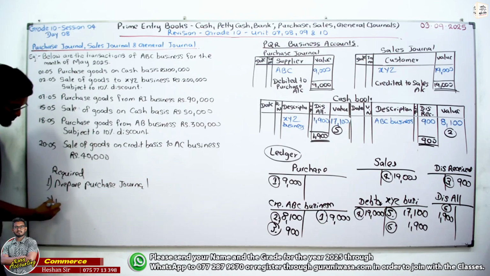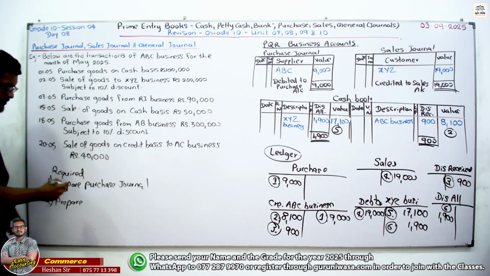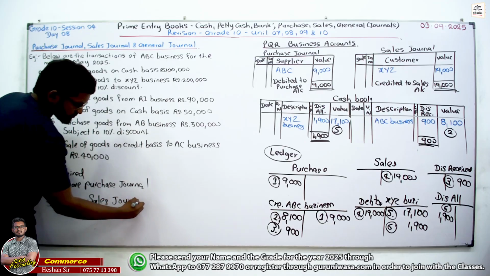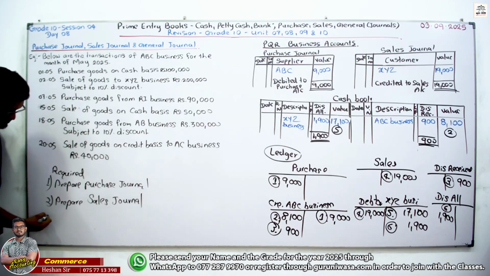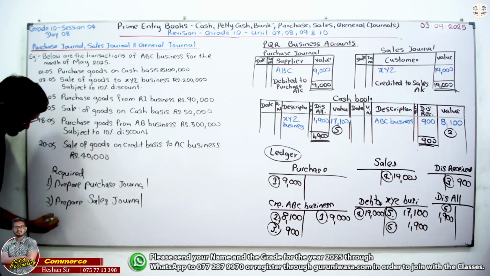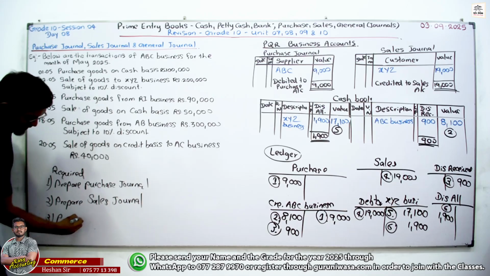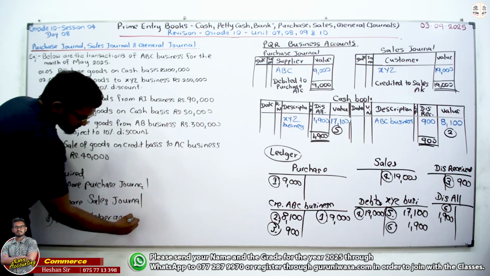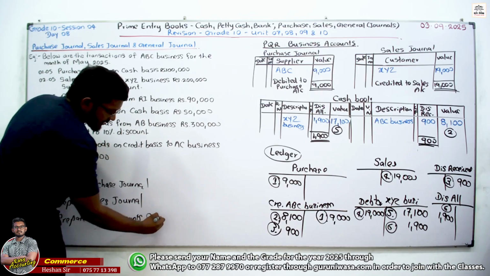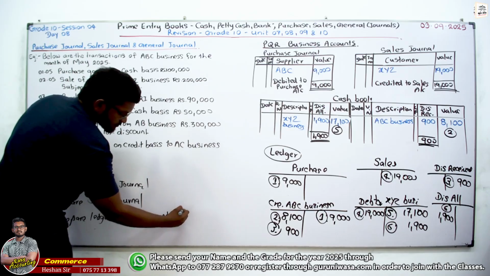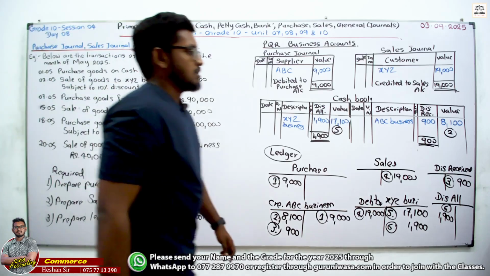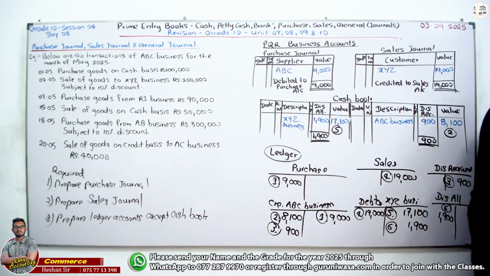Number two, prepare sales journal. Number three, prepare ledger accounts except cash book. Without cash book, prepare all other ledger accounts. Let's see. A good exam related question.